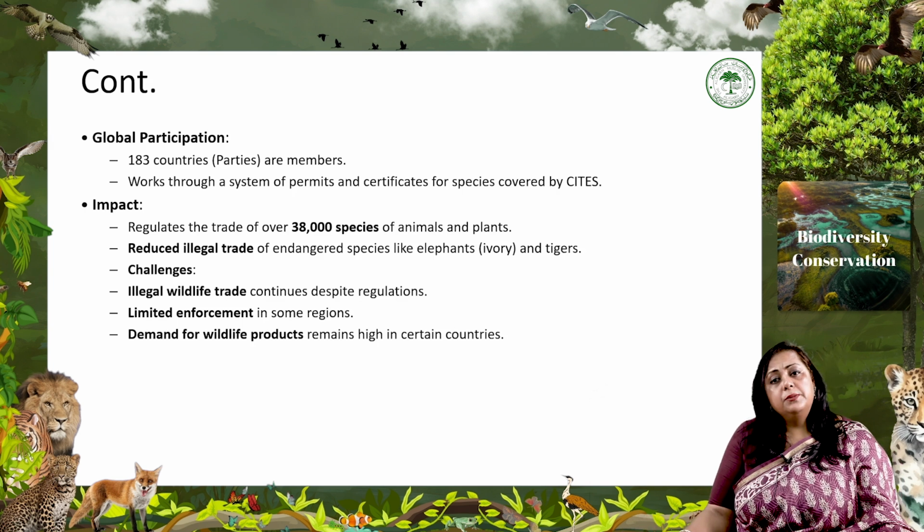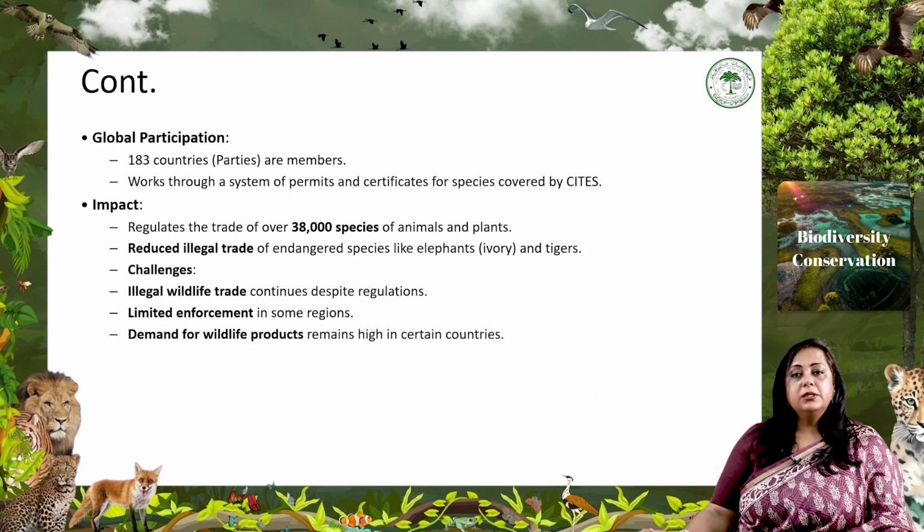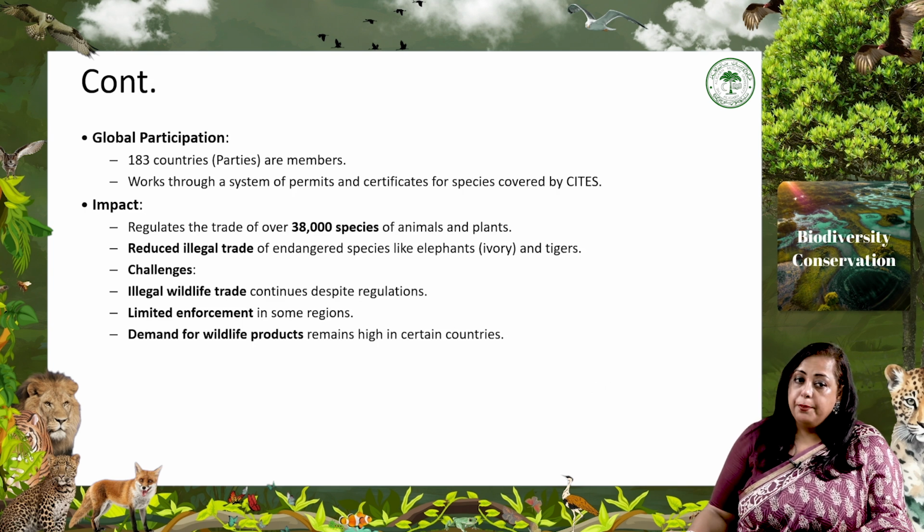And global partnership: a record 183 countries are members of CITES and work through a system of permits and certification of species covered by CITES. Impact, what is the impact of CITES? CITES came into force in 1975 and it regulates the trade of over 38,000 species of animals and plants, reducing illegal trade of endangered species like elephants and tigers.